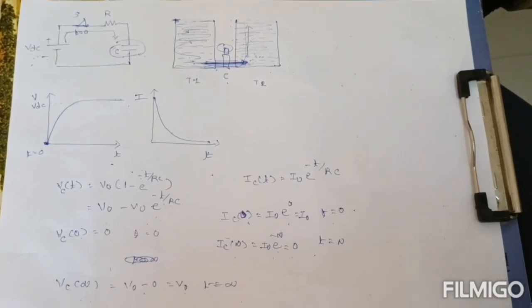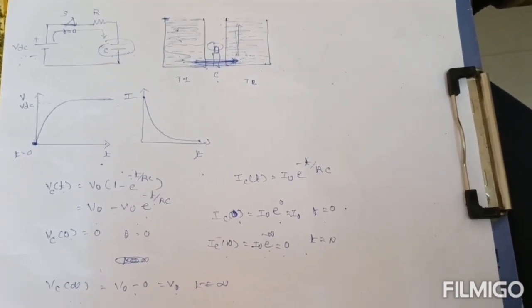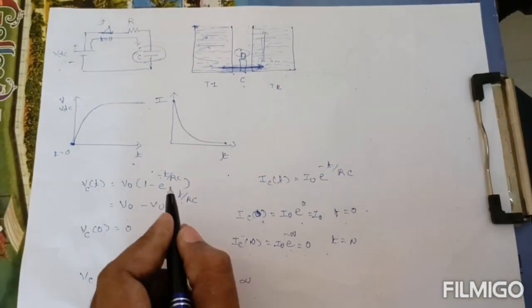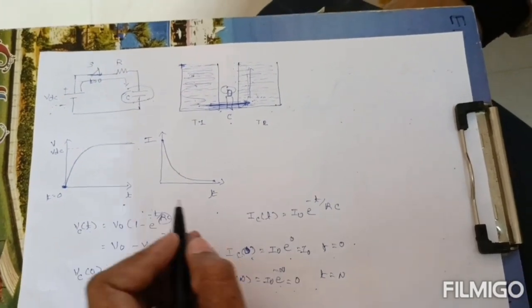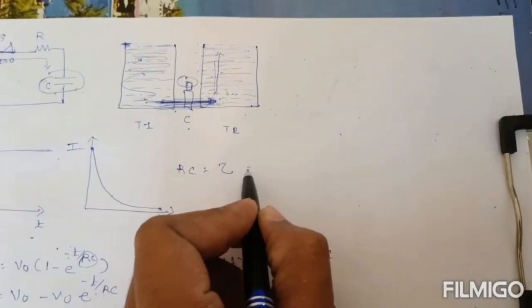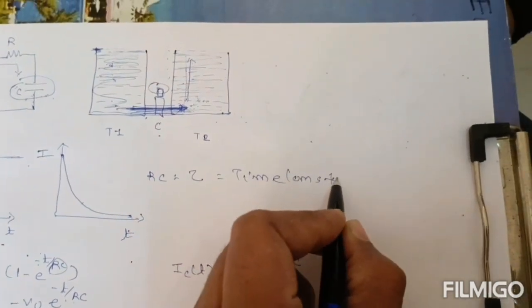This concept is very useful whenever we use an RC tank circuit, LC tank circuit, RLC series circuit, or RLC parallel circuit. Okay, and this RC is known as the time constant. It is also written as tau, and it is the time constant of this circuit.